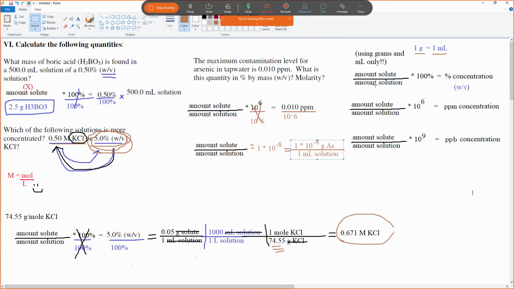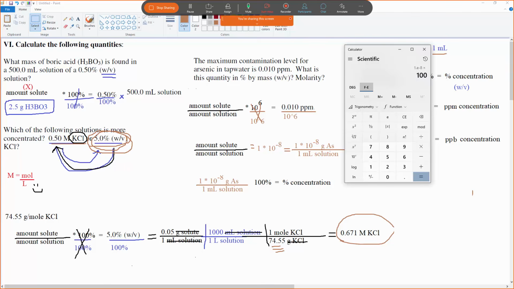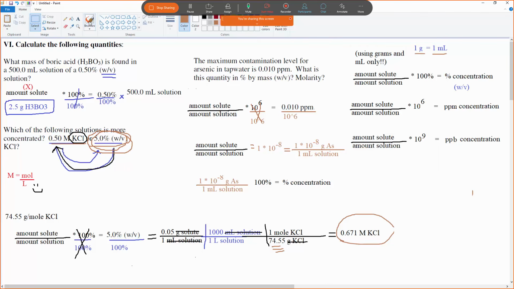Now I can take this and plug it into my percent concentration formula and say, look, if I multiply it by 100%, I'll get my percentage concentration, because it's the same ratio. So 1 times 10 to the negative 8th, multiply that by 100%. That gives me 1 times 10 to the negative 6th.